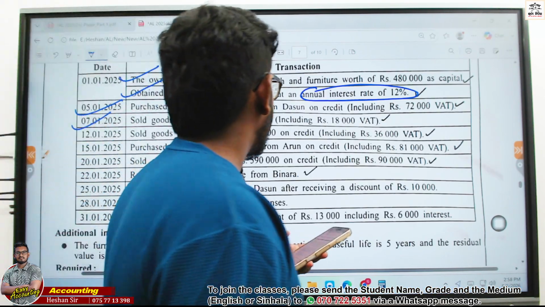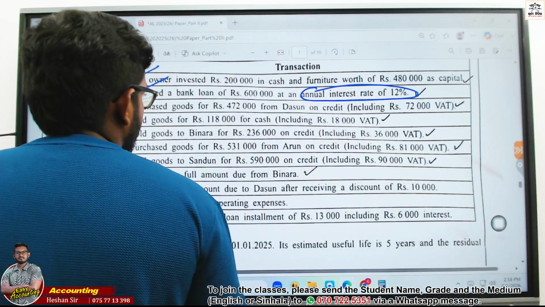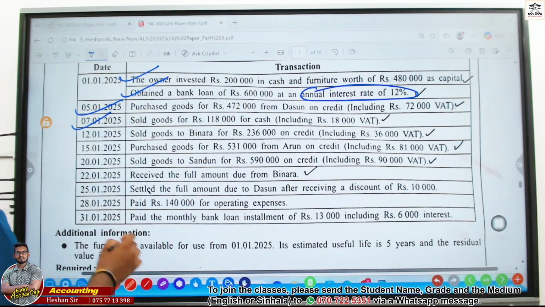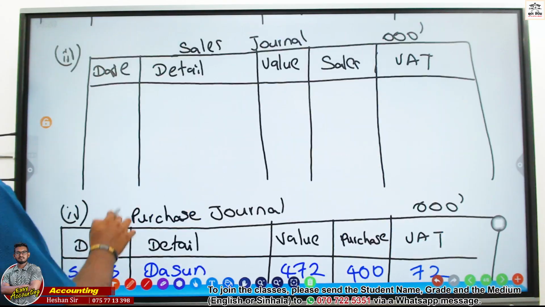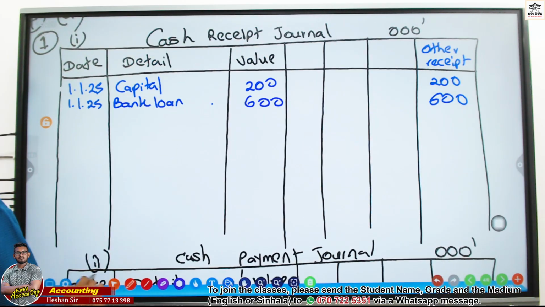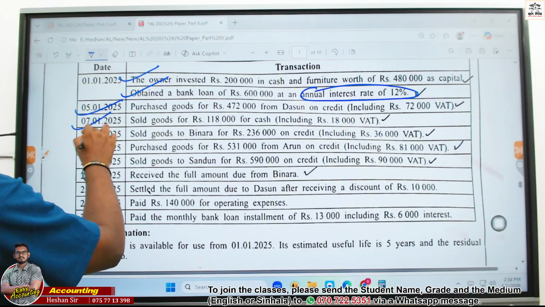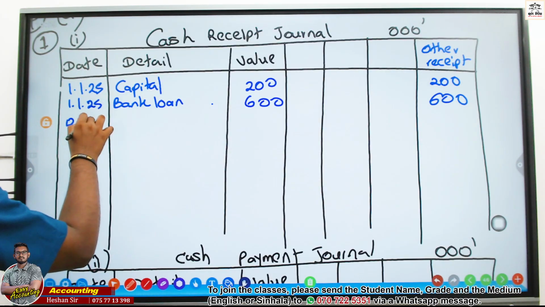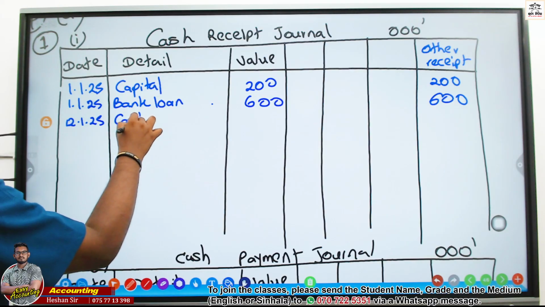Sold goods for 118,000 for cash, including 18,000 VAT. Right. So we receive cash. When is the date? That is 12th of January 2025, cash sale.